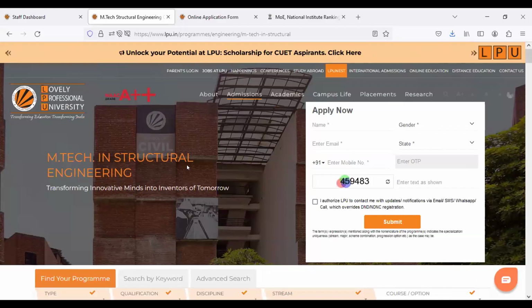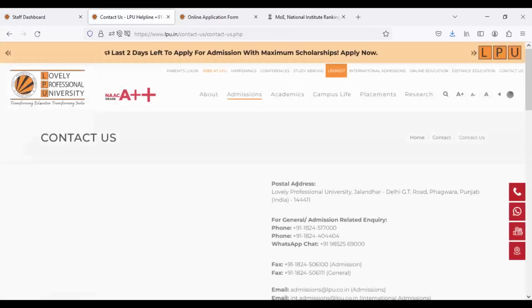So this is how you can get to know the criteria for the MTech program as well as the BTech program. If you want to contact us further, on our website lpu.in there is a Contact Us button. Click on Contact Us, and all the relevant numbers will appear there.